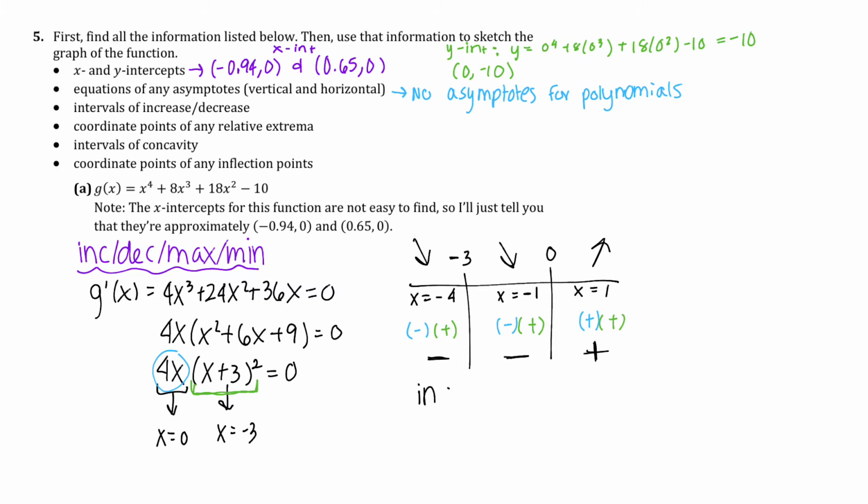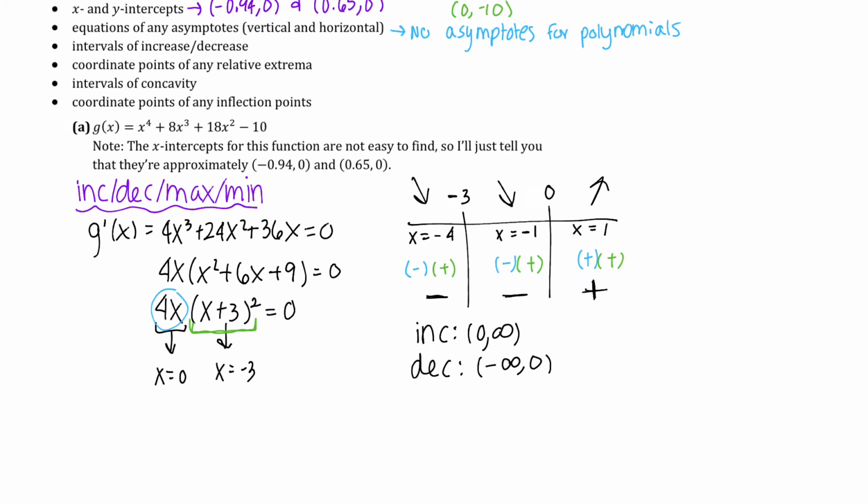You're increasing on 0 to infinity, and then you are decreasing from negative infinity all the way up to 0. This gets combined into 1 interval because the graph doesn't break up here. Negative 3 is in the domain and it's decreasing that entire time.